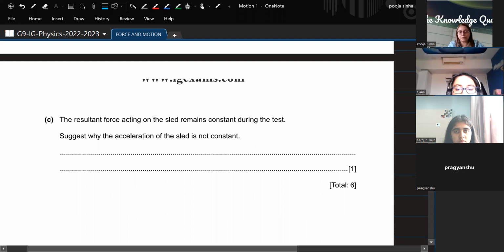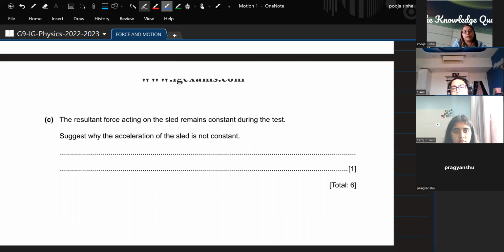So for this, you need some knowledge. The sled is moving with the help of fuel, right? As it moves ahead, the fuel reduces. Fuel has a mass.